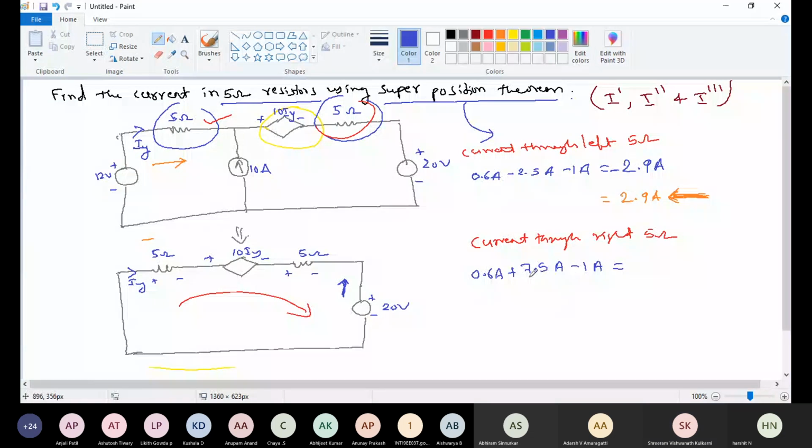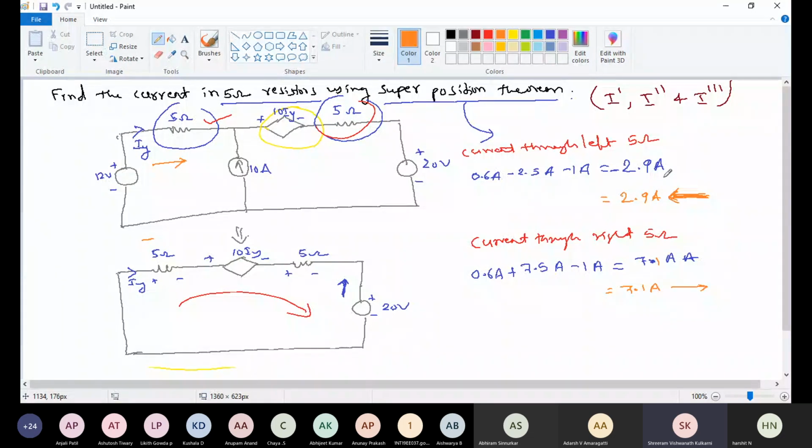Total is 7.1 ampere. Okay, this is the same as IY direction. So I can simply write 7.1 ampere in this direction. If you didn't mention this direction also fine.